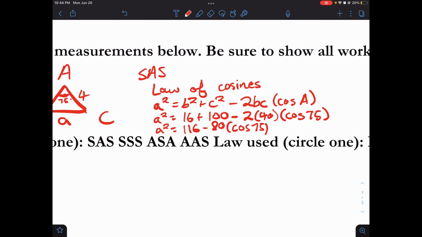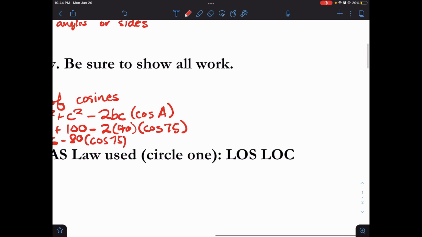If I plug it into my calculator, 116 minus 80 cosine of 75, making sure my parentheses are correct, I get a squared is equal to 95.2944 and so on.